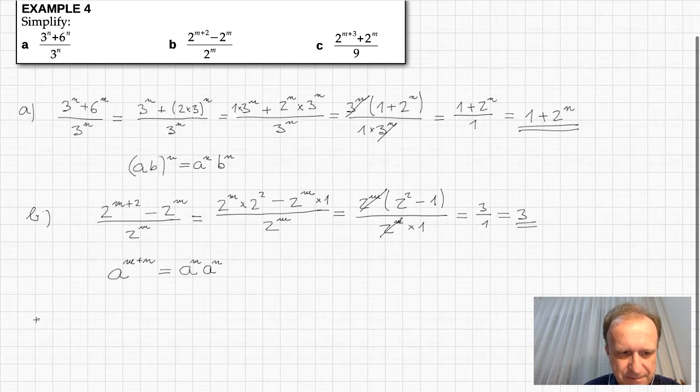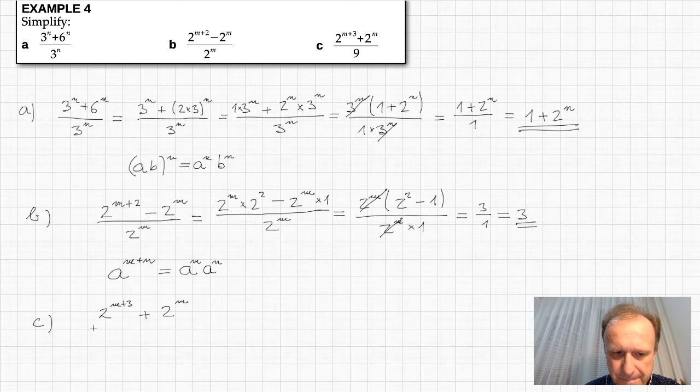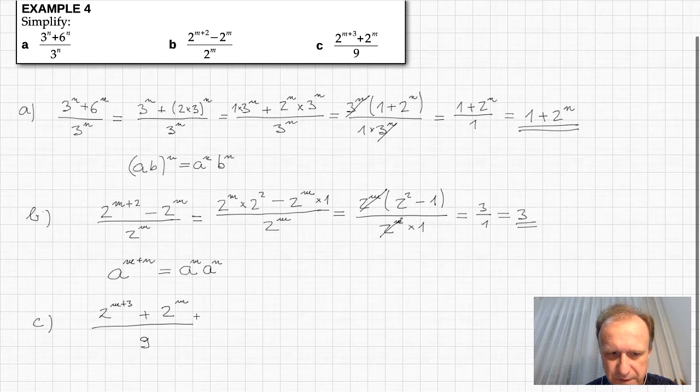In part C, we have 2 to the power of m plus 3 plus 2 to the power of m, divided by 9. So this is the problem we have to solve. So how to do it? Well, actually, use the same strategy.